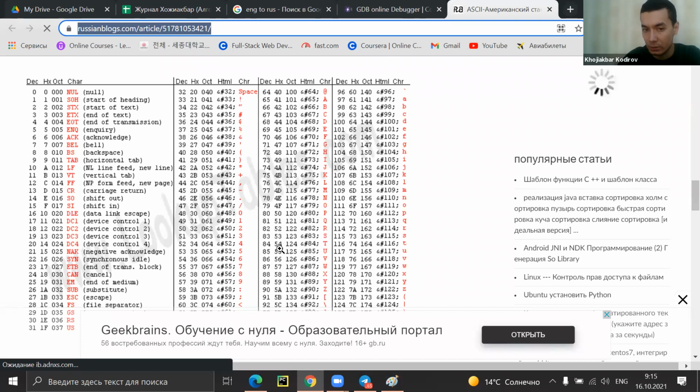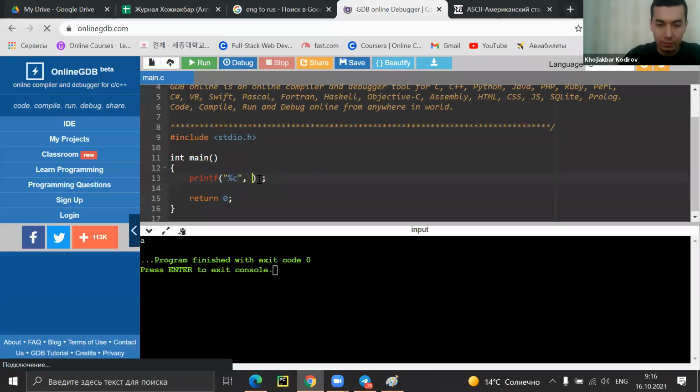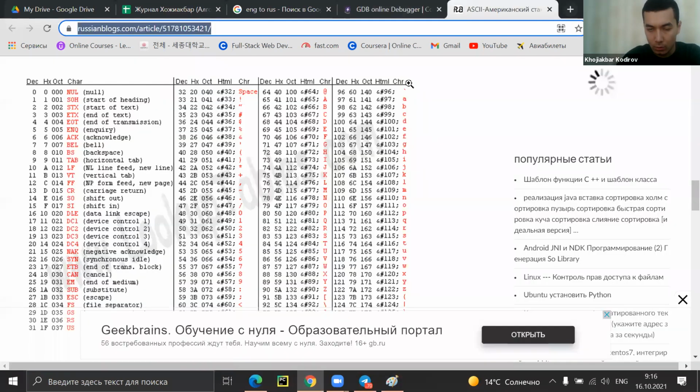If you want to print S, you should write 83. So if I write 83 here, I'm going to get S, because S in decimal is 83.